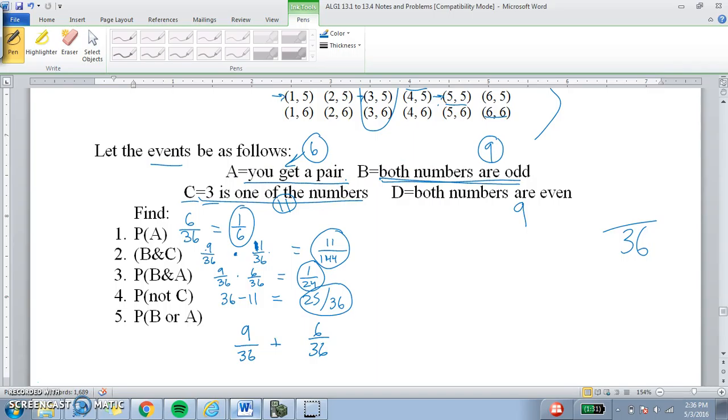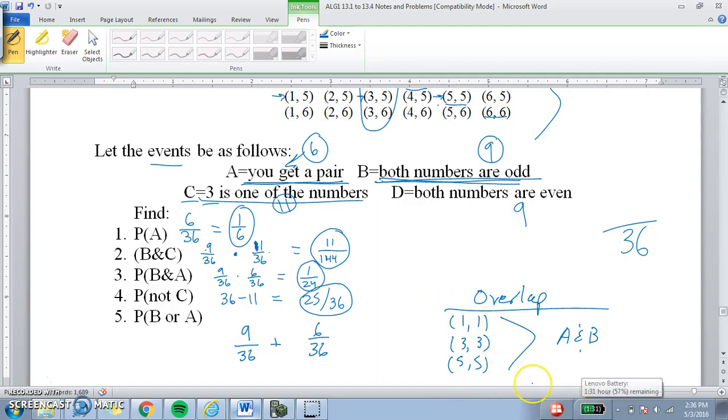So our pairs, there were 6 pairs. We had 1, 1, 2, 2, 3, 3, 4, 4, 5, 5, 6, 6. 3 of those options, 1, 1, 3, 3, and 5, 5, fit both A and B. Okay, so they're a pair. All of these are a pair, and both the numbers are odd. So this is our overlap. Events that fit both of the events that we're talking about. We have 3 things that overlap.